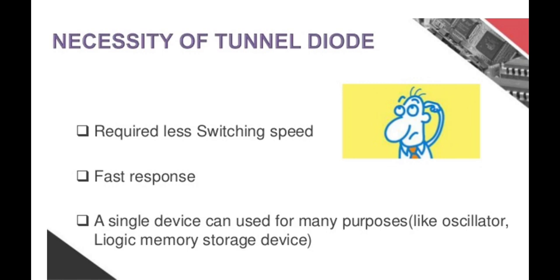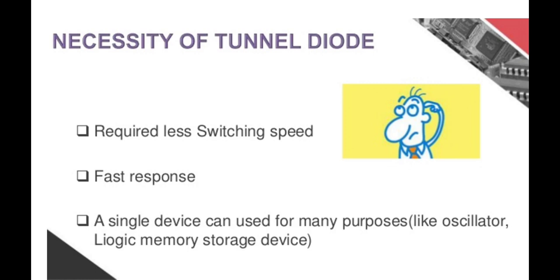Why did they invent the tunnel diode? What is the requirement, the necessity of the tunnel diode? In a general purpose diode, PN junction diode or Zener diode, more switching time is required to switch the condition.